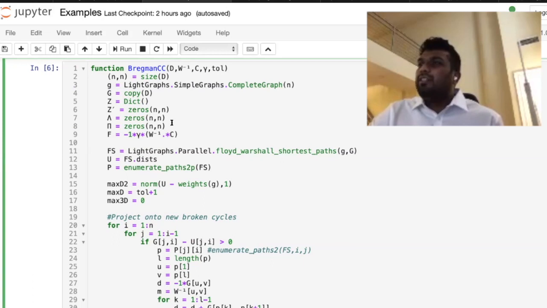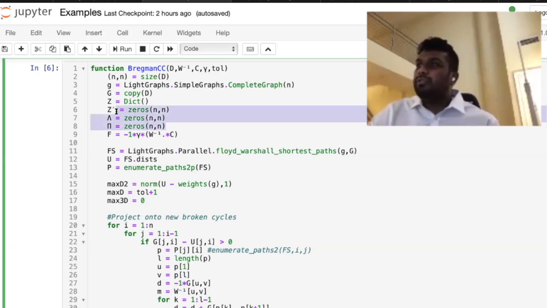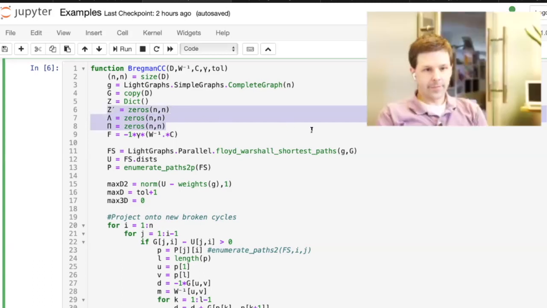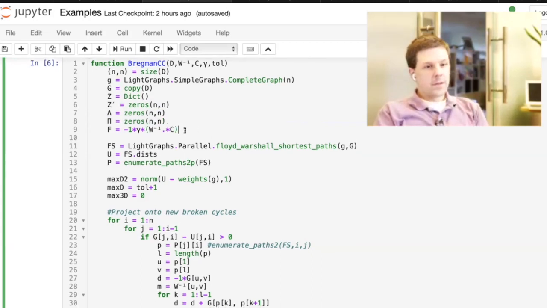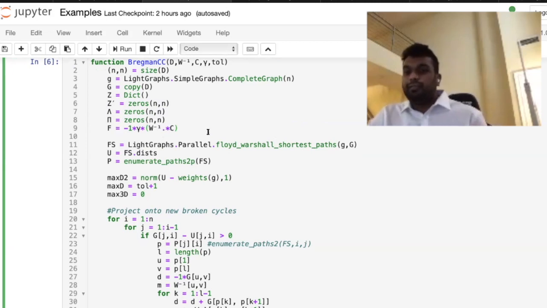Since we also solve the L1 stuff, there's a whole bunch of stuff about how you make sure your variables are the absolute value of something, and there's a standard trick, and so these are the variables related to that. And then f is the variable we want to learn, and we initialize it to the stationary point of our objective function. Because if you think about w as the quadratic part, c is the linear part, solve for the 0.